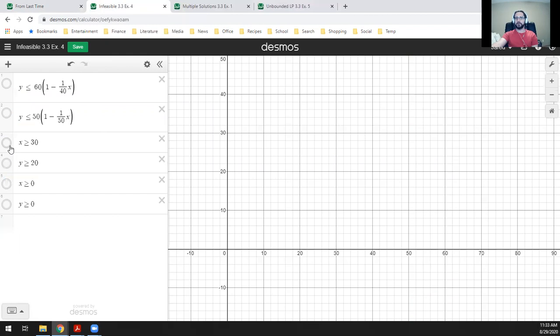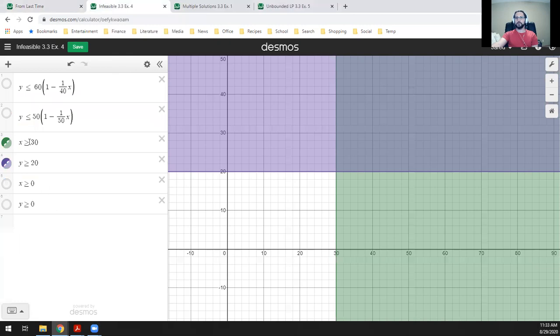So to demonstrate that on this LP from example 4, I'm going to show you the overlap between these two constraints, x bigger than 30 and y bigger than 20. This is the top right corner of this graph. If there are any feasible points, they must be in this top right corner because that's where the overlap happens. But when I include this first constraint, y less than or equal to all of that, I see that the feasible region must also fall below this line.